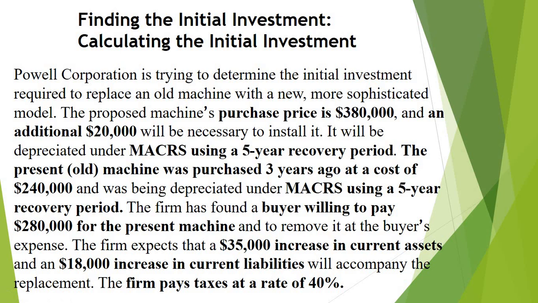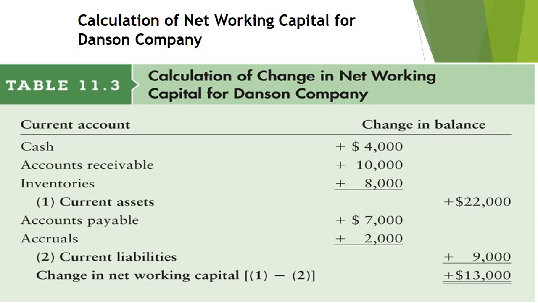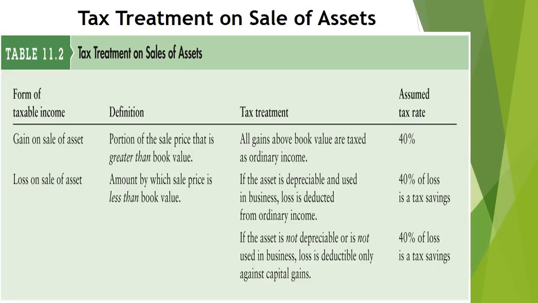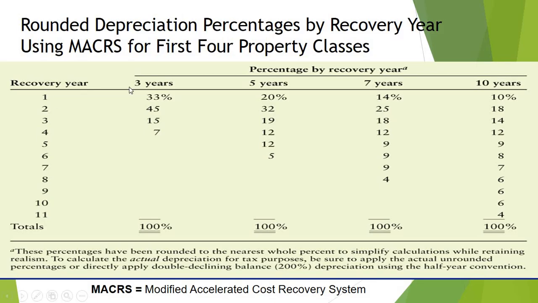So there will be depreciation, accumulated depreciation for 3 years. Now let's look at the MACRS depreciation table for the 5-year asset class. If the recovery period is 5 years, for the past 3 years there will be depreciation of 20% plus 32% plus 19%.